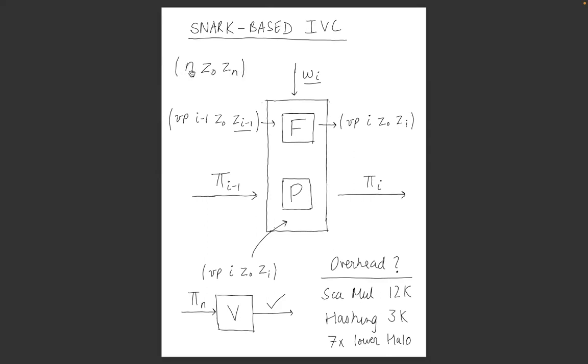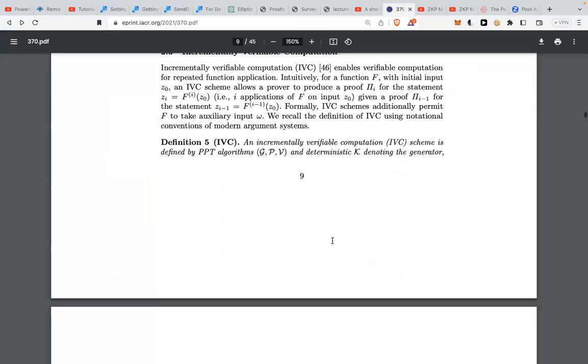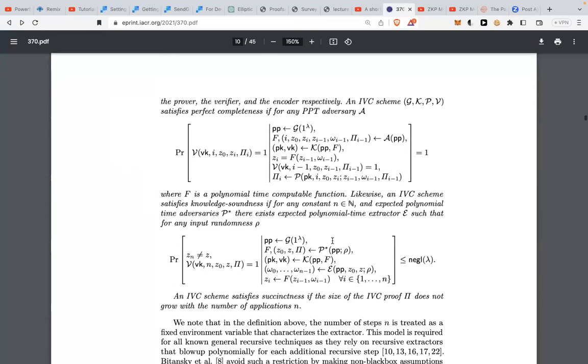These are the public inputs, and the verifier just uses these inputs plus the final proof to verify whether the computation is valid or not. So the verifier does not know the initial steps of the computation. If we go into the paper and see, we see.